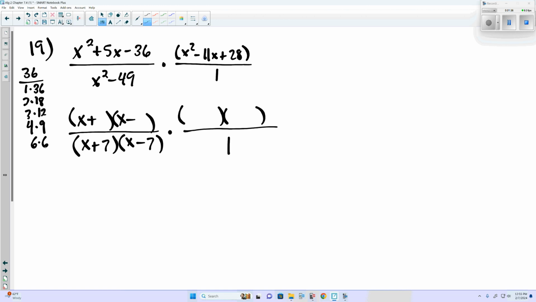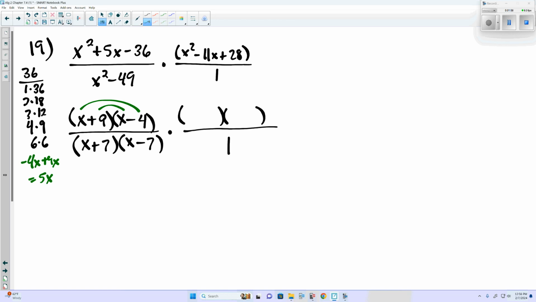Which one do we want to try first? Well, 9 and 4. And if we check this here, x times negative 4 is negative 4x. 9 times x is plus 9x, giving us positive 5x. So those are the correct factors.